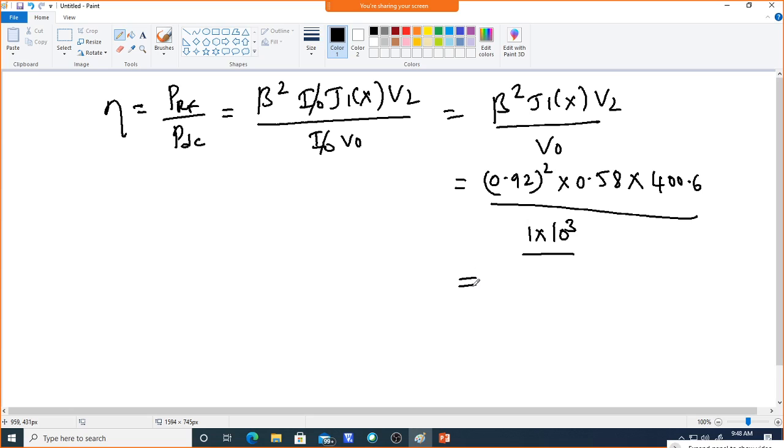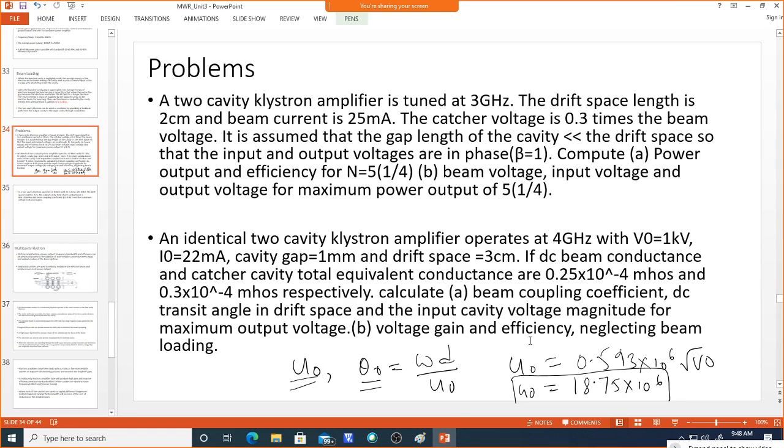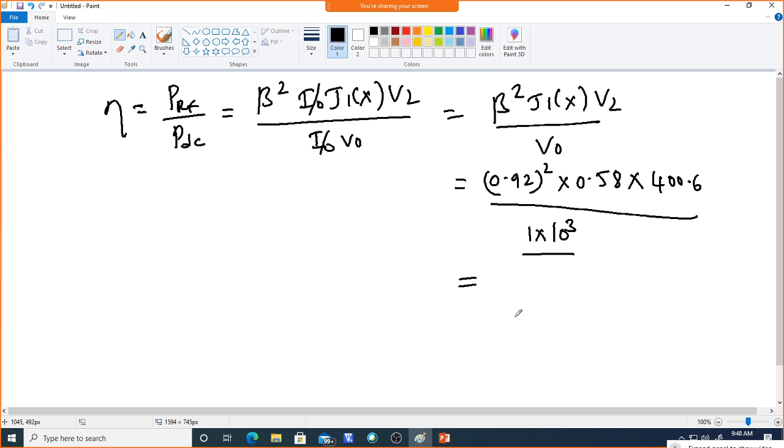So what is the efficiency we got? 19.66 percent.